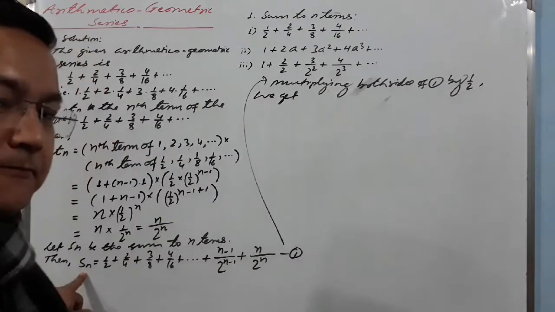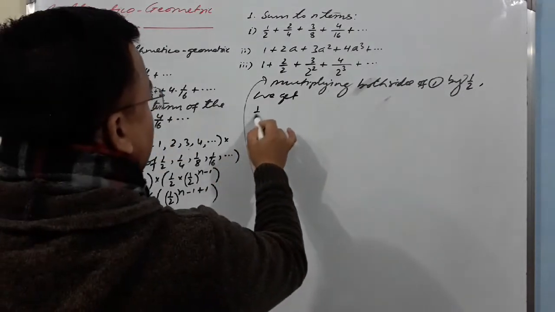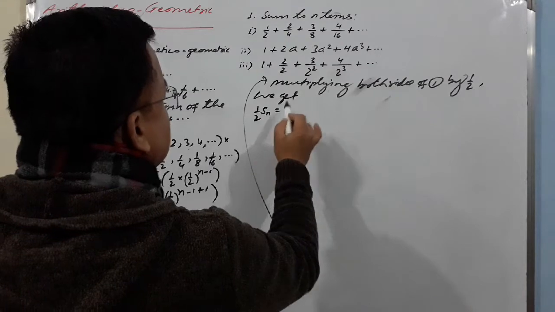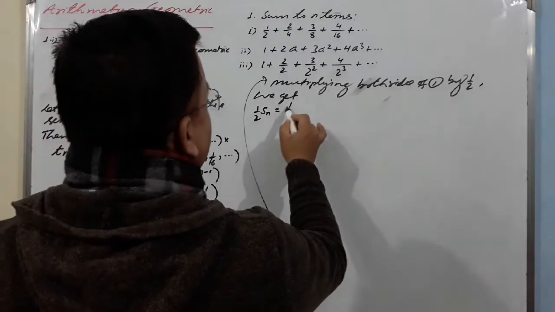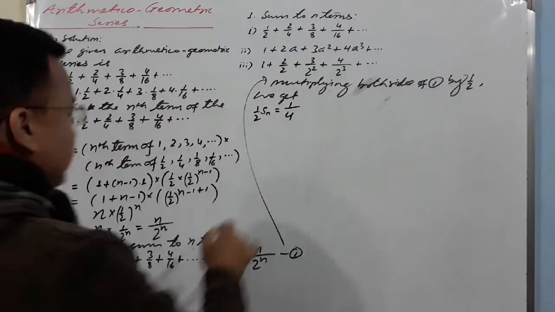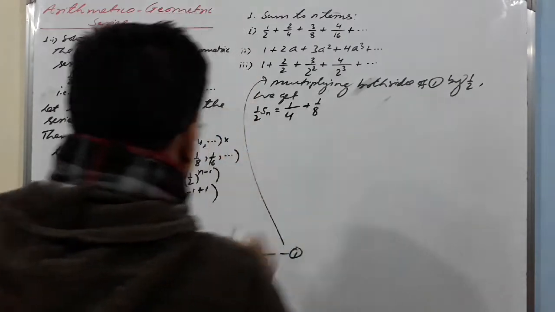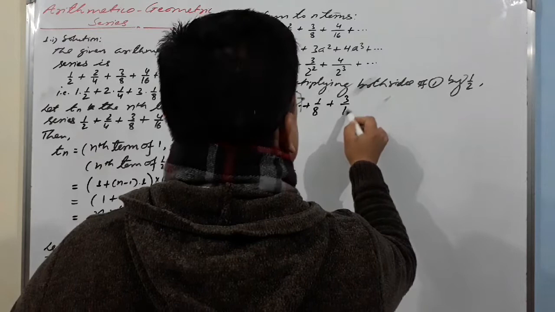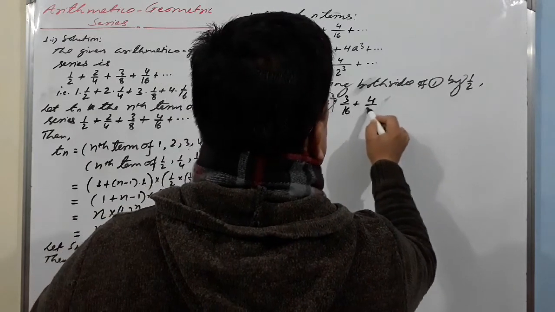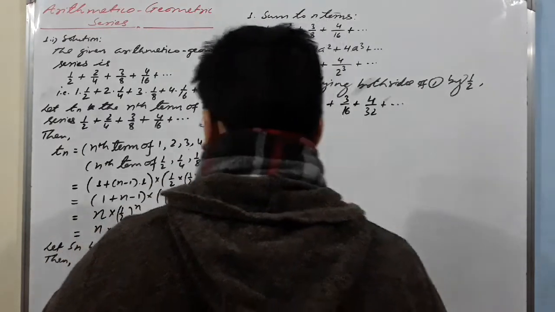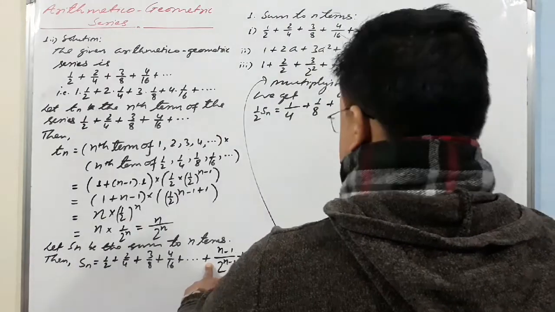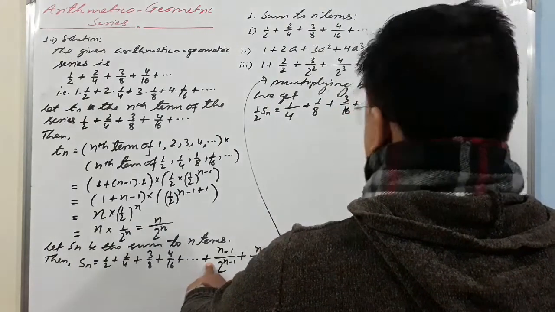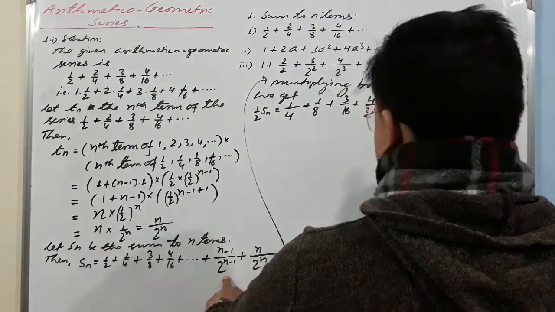So just multiply 1 by 2 Sn is equal to 1 by 4 plus 2 by 8 plus 3 by 16 plus 4 by 32 plus dot dot, and plus here n minus 1 over 2 raised to power n.